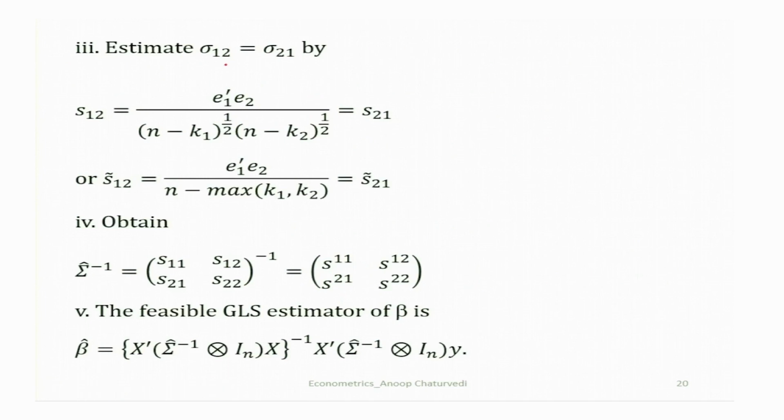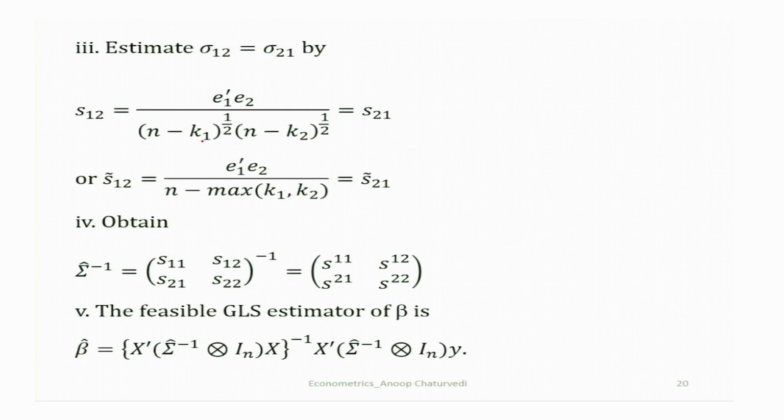Then for estimating sigma 1 2, which is also equal to sigma 2 1, we use the estimator s 1 2, which is equal to e 1 transpose e 2 divided by, now you have different number of explanatory variables in two equations.